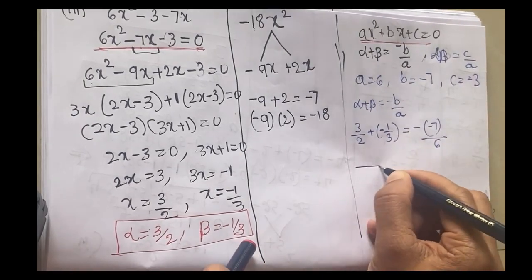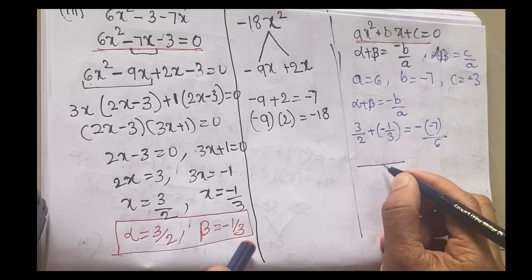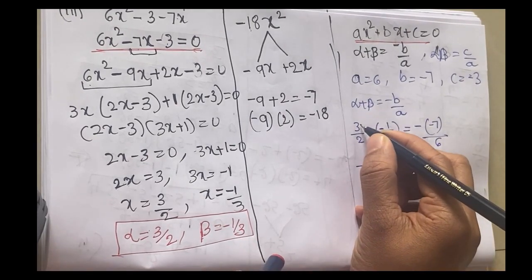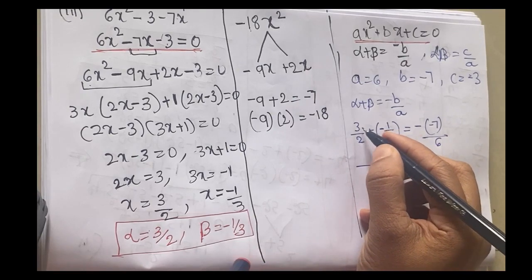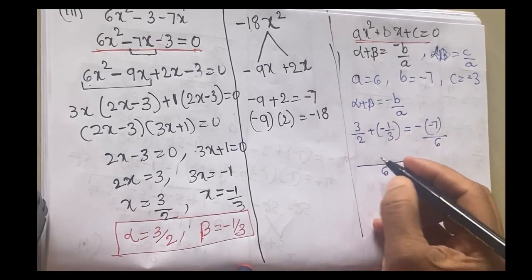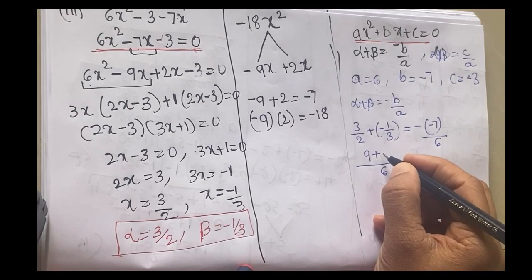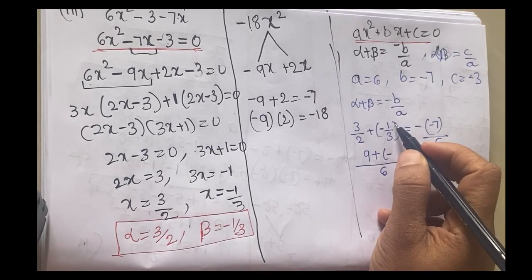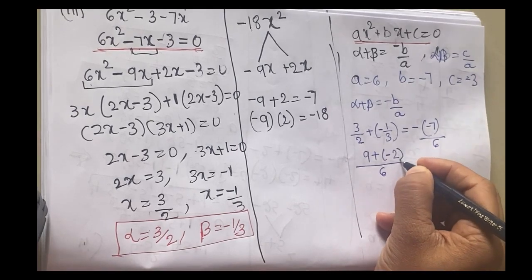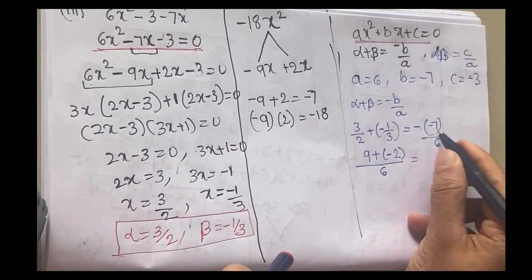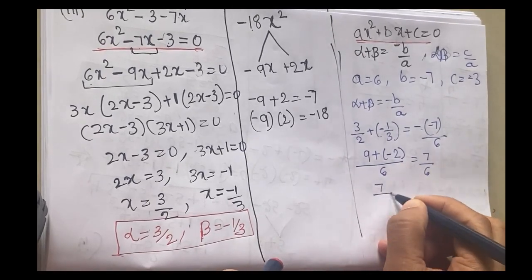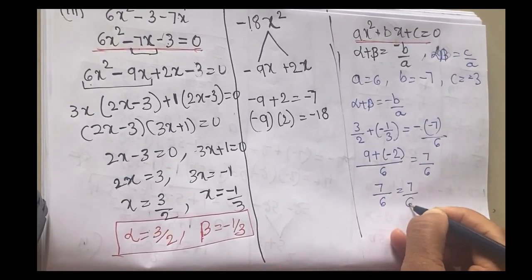When I take the LCM of 2 and 3, 6 is the LCM. 3 3s are 9 plus 3 2s are 6, 1 2s are minus 2, is equal to minus minus plus 7 by 6. 9 minus 2 is 7 by 6, is equal to 7 by 6.